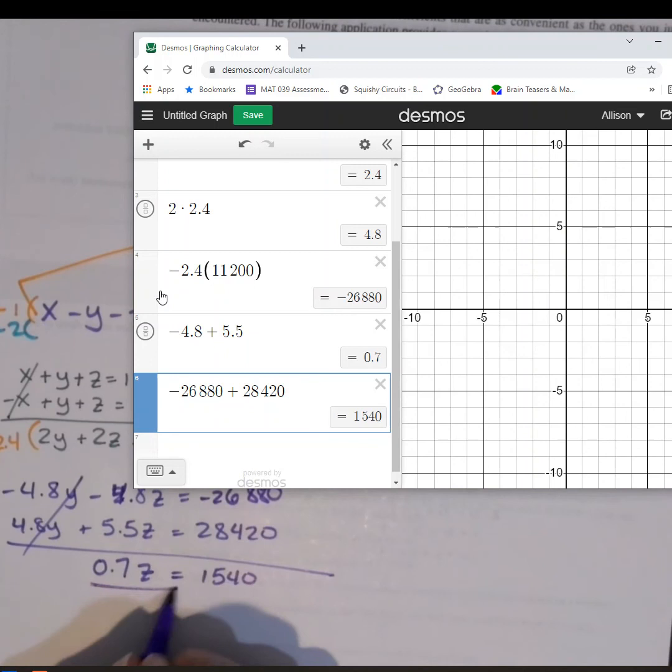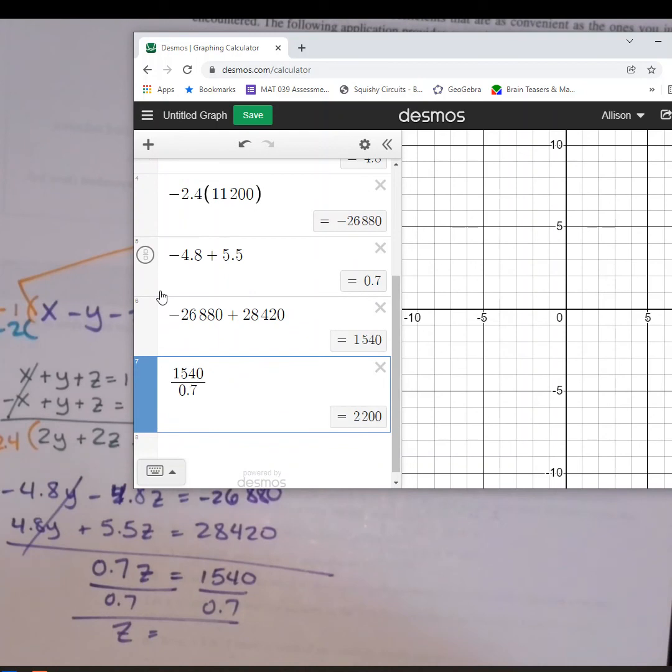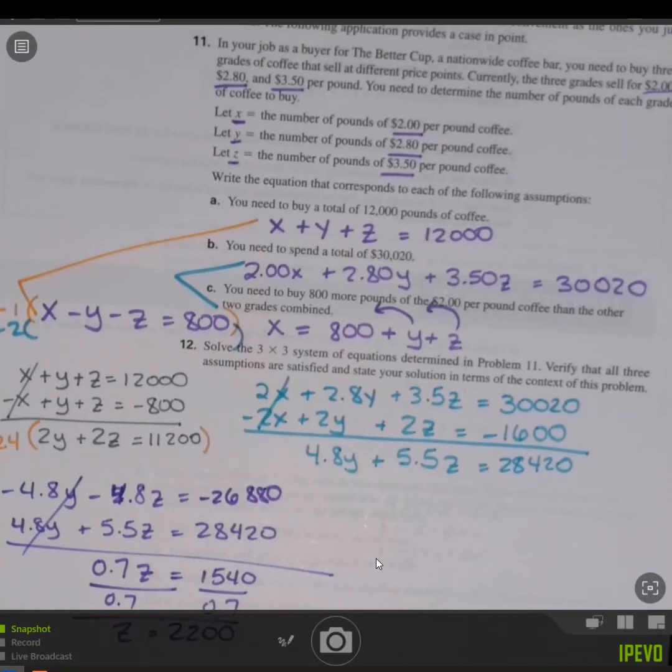And then we're going to divide both sides by the 0.7 to get our z value. So 1540 divided by 0.7 is 2,200.